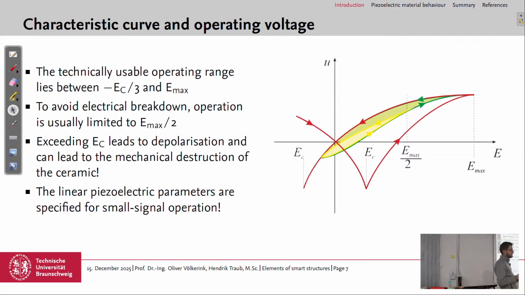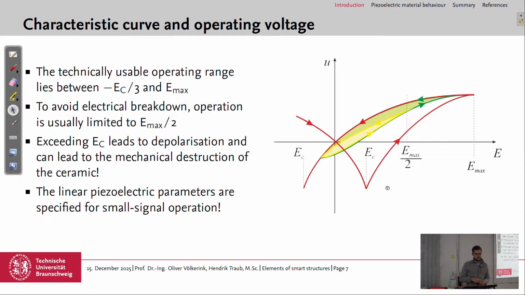How can we calculate it? I'm not sure if we can really calculate it, but it's always specified for the material, so you know it from the data sheet of the material. This value here, you mean?